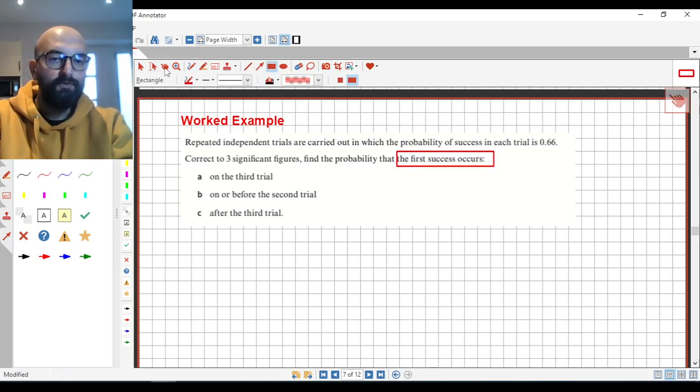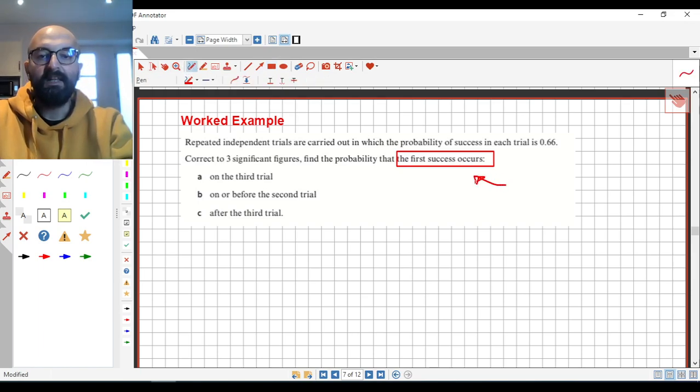If you see these sentences in a question, you have to think this question is about the geometric distribution, because the question tells us the first success occurs.